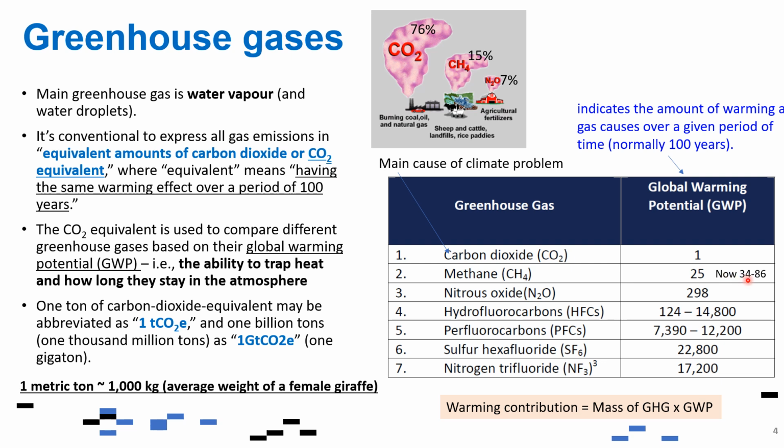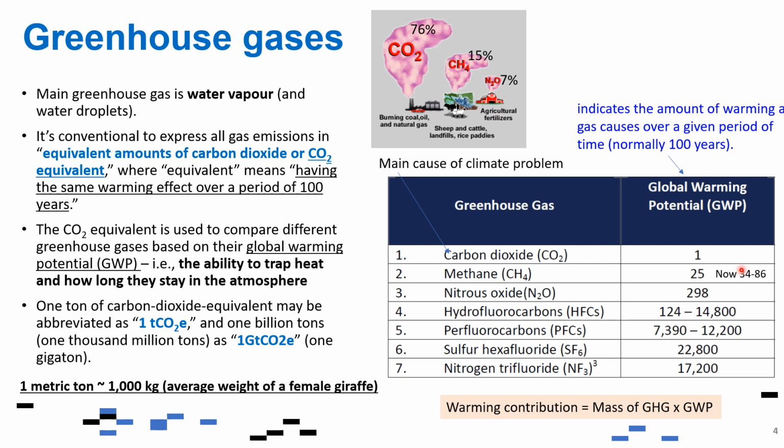The warming contribution is the mass of the greenhouse gas times the global warming potential. So if we have 1 ton of methane, it contributes to warming about 1 times the GWP, which is 1 times 34.